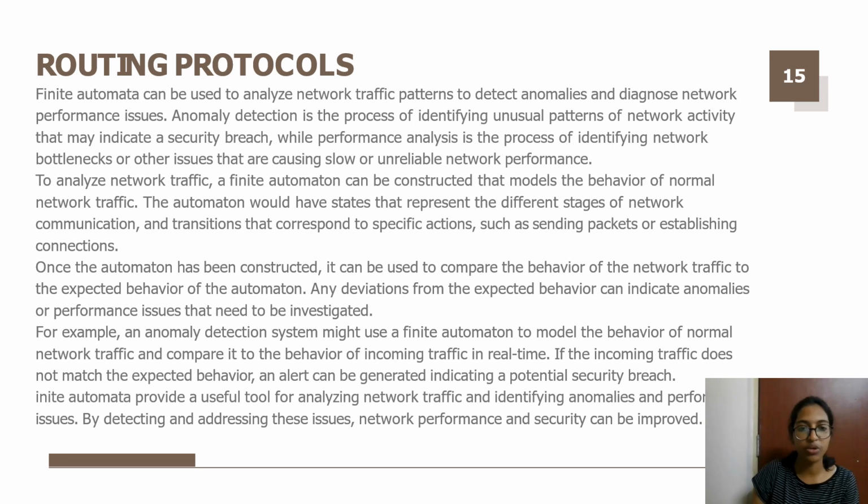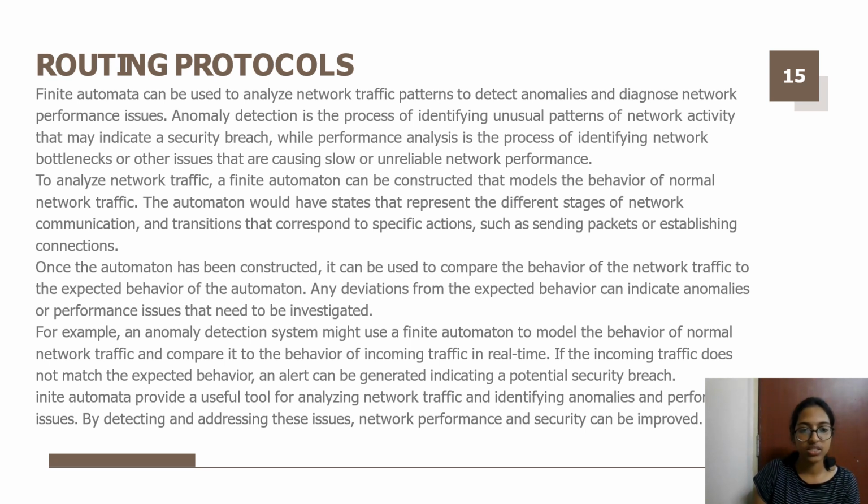Finite automata can be used to analyze network traffic patterns to detect anomalies and diagnose network performance issues. Anomaly detection is a process of identifying unusual patterns of network activity that may indicate a security breach, while performance analysis is a process of identifying network bottlenecks or other issues that are causing slow or unreliable network performance.